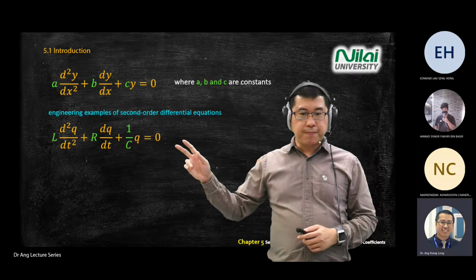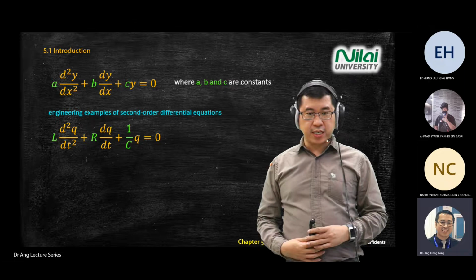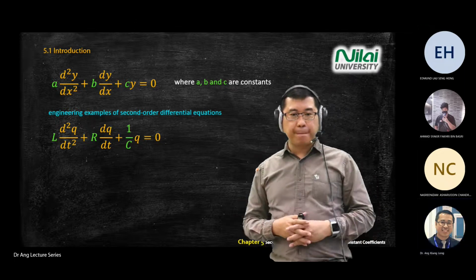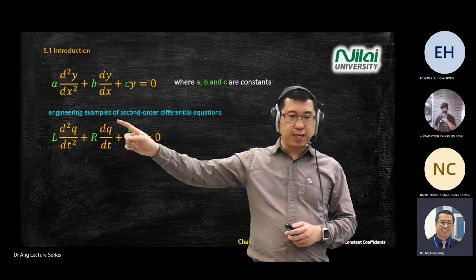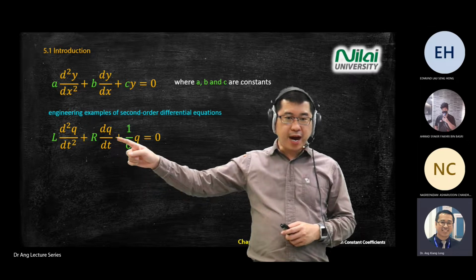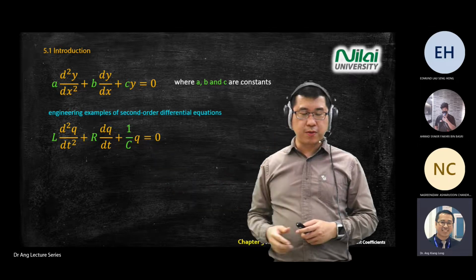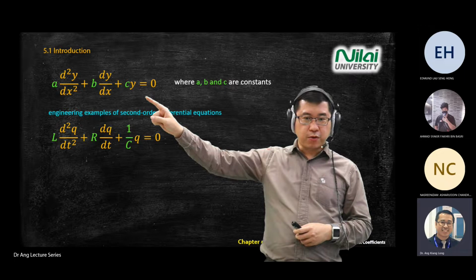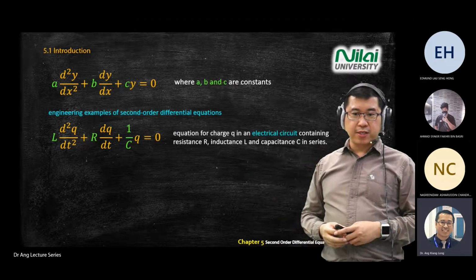For example, these are examples of equations that you will see in engineering analysis problems. The first one, you will see L d square q divided by dt square plus R dq over dt plus 1 over C q equals 0. If you compare the general equation and the equation over here side by side, they are actually similar.